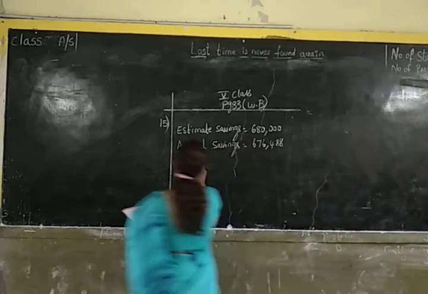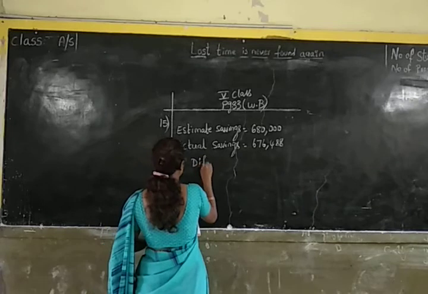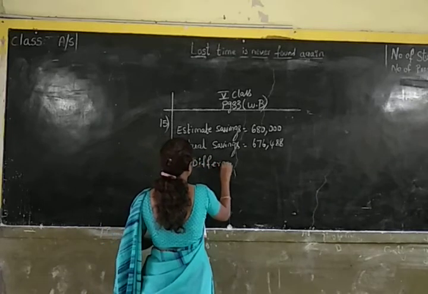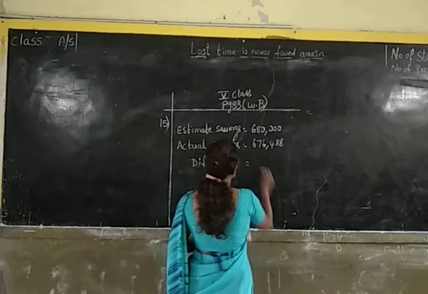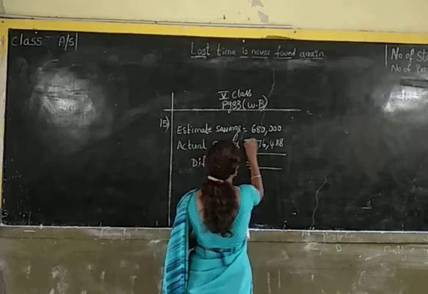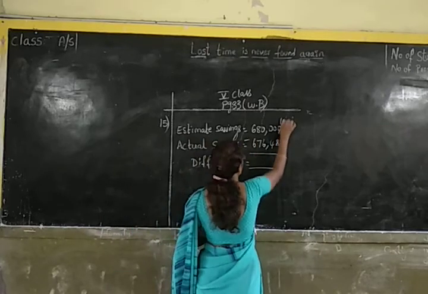We have to find out the difference. Difference means you have to do subtraction. This 0 will become 10.